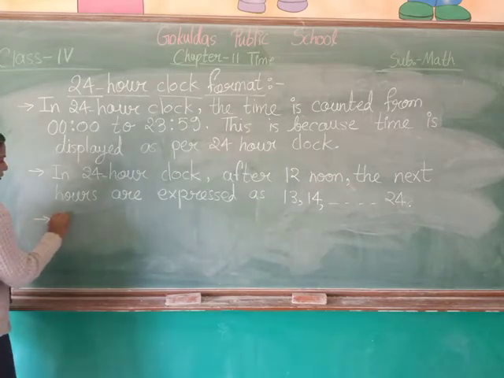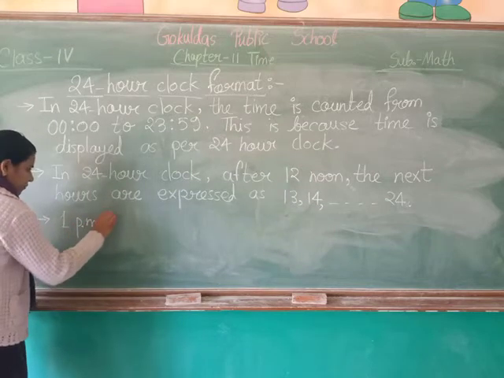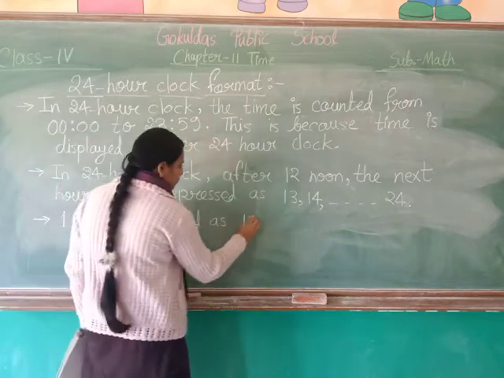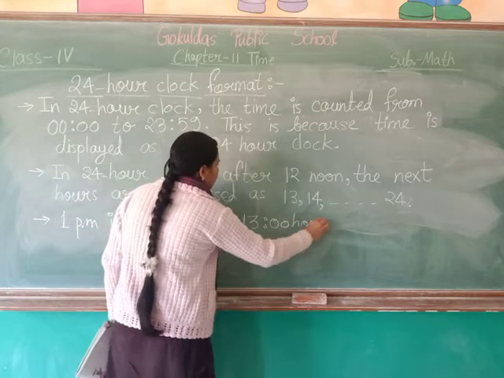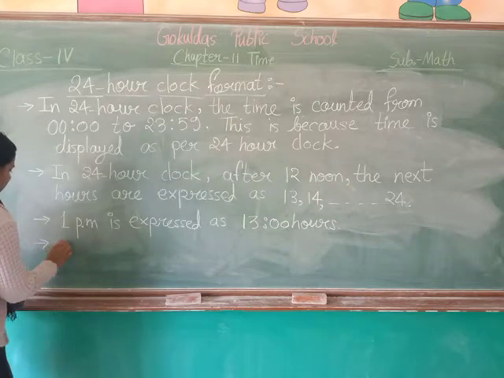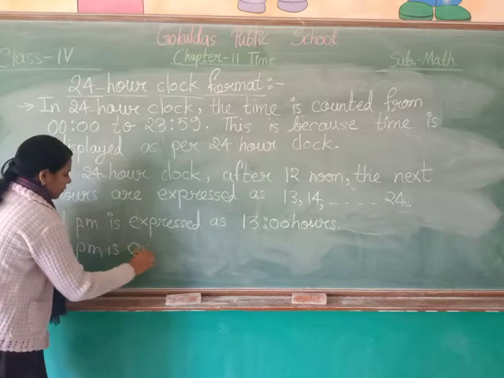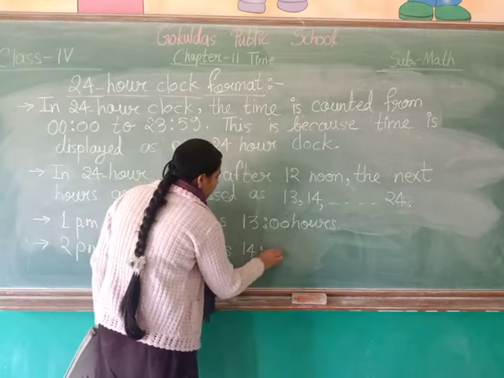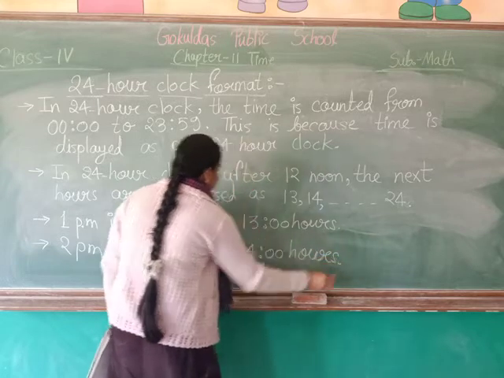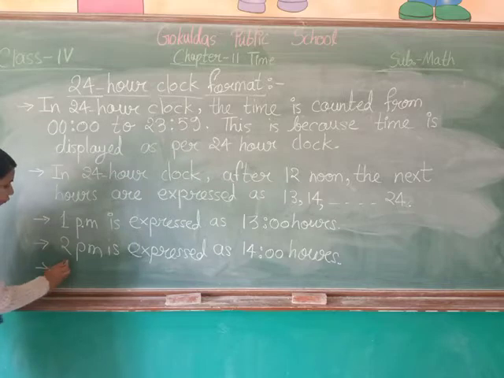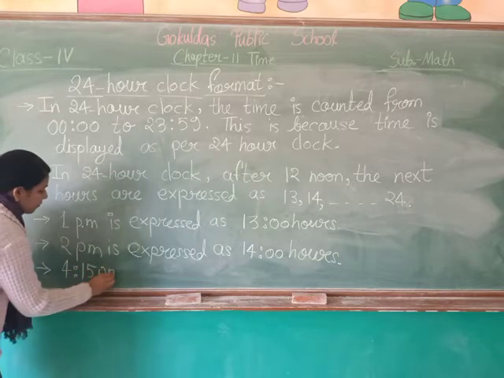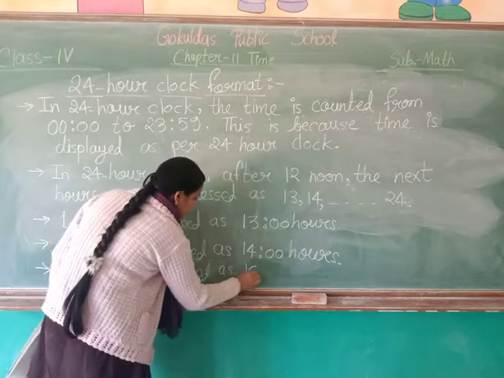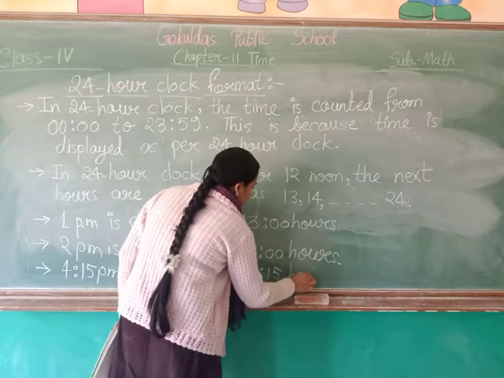For example, 1 p.m. is expressed as 13 hours. 2 p.m. is expressed as 14 hours. 4:50 p.m. is expressed as 16:50 hours.